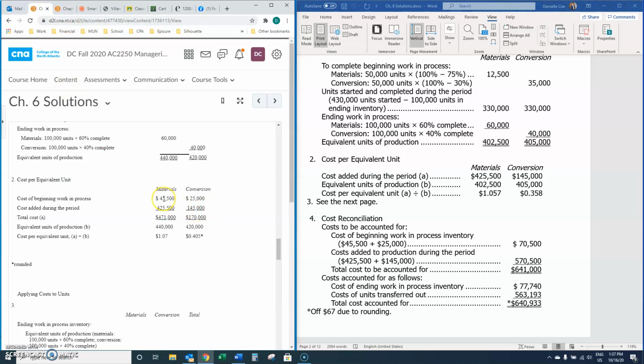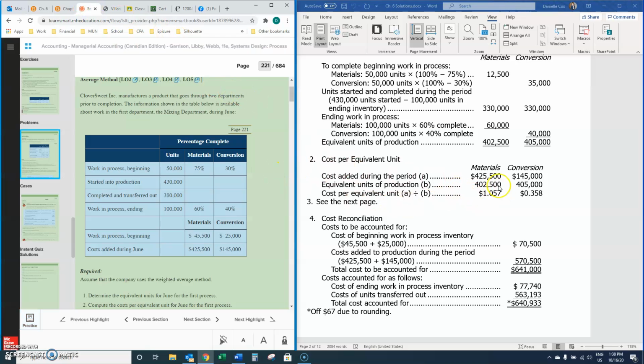It would have been the costs of the beginning work in process plus the cost added during the period, so we would have had a different total, divided by a different number of equivalent units, which obviously gives us a different cost per equivalent unit. Again, because under the FIFO method, we only take into account what happened during that period.